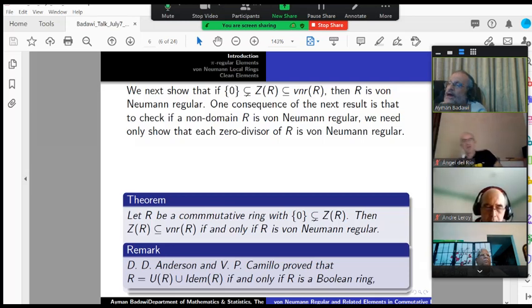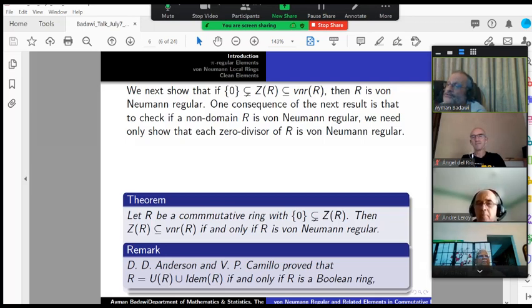But here, the zero divisor set of R need not equal zero. So I take away the integral domain. R need not be an integral domain, because in that case zero will be the only zero divisor.